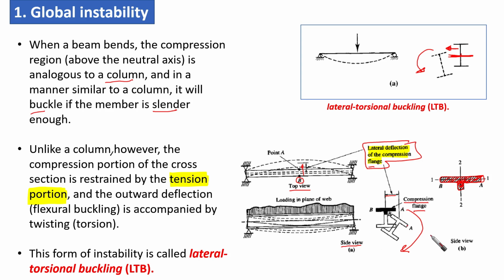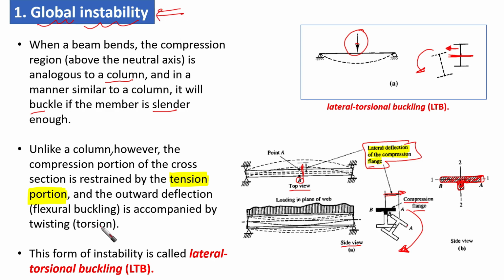So this is what we call global instability. Under flexural or vertical loading, the beam is going to laterally move, and at the same time it is going to twist around an axis. It is going to laterally move and twist. So this is what we call the global instability.